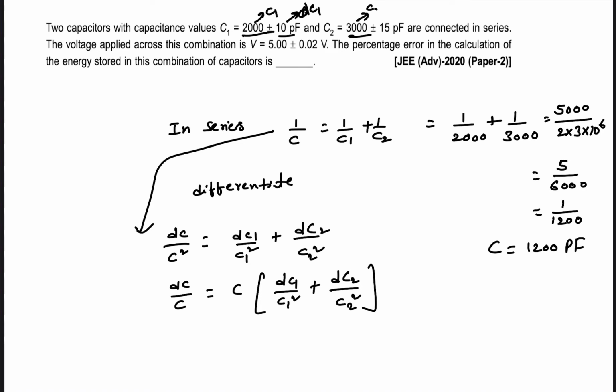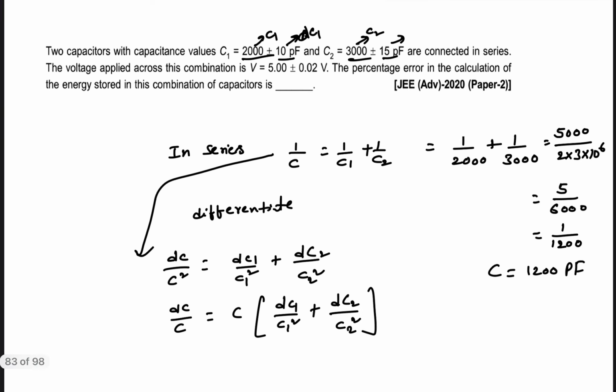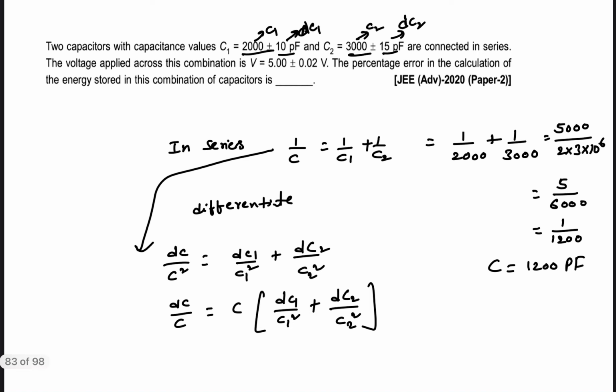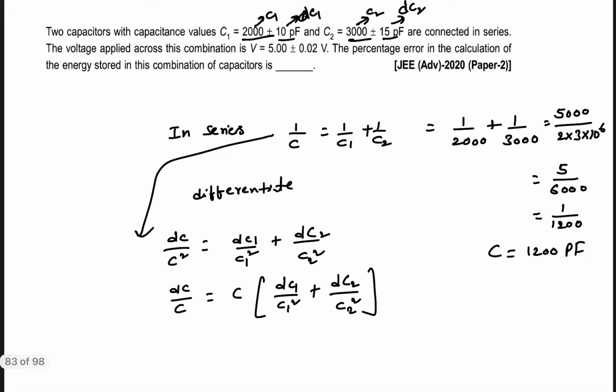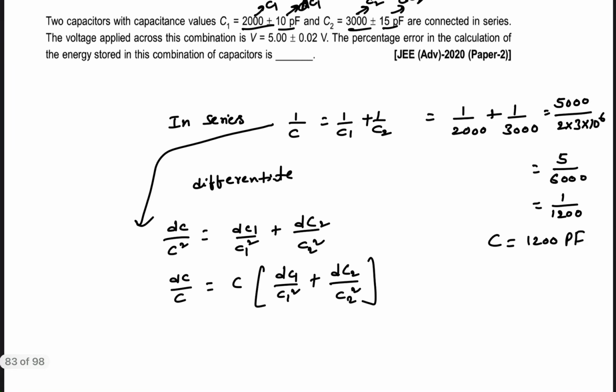This is a regular process. You can see this is the C1 value and 10 picofarad is delta C1. Similarly, 3000 is C2 and 15 picofarad is delta C2. Now if we substitute these values, we will get some value.